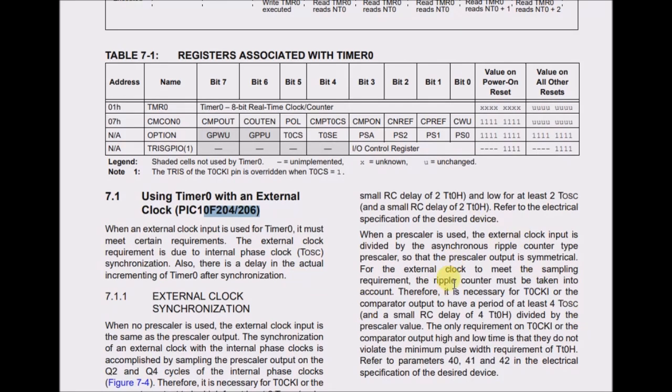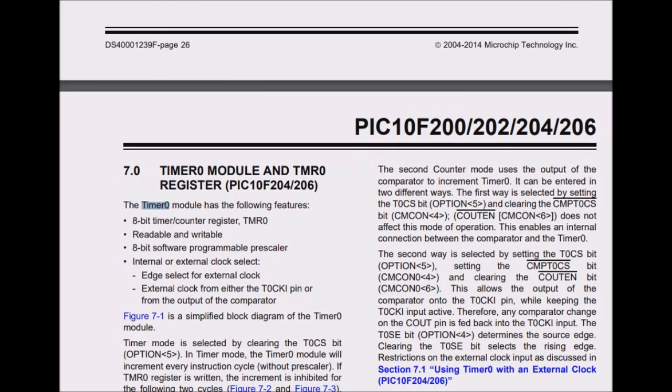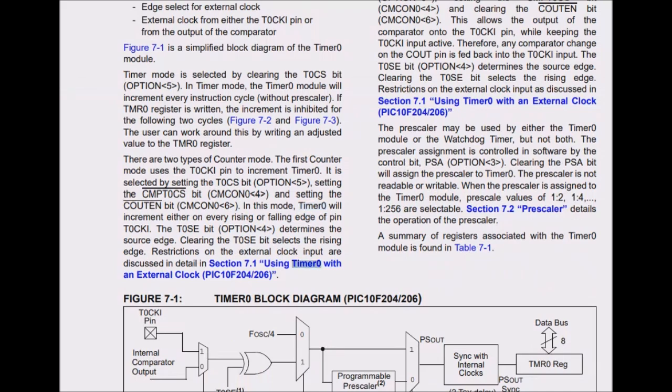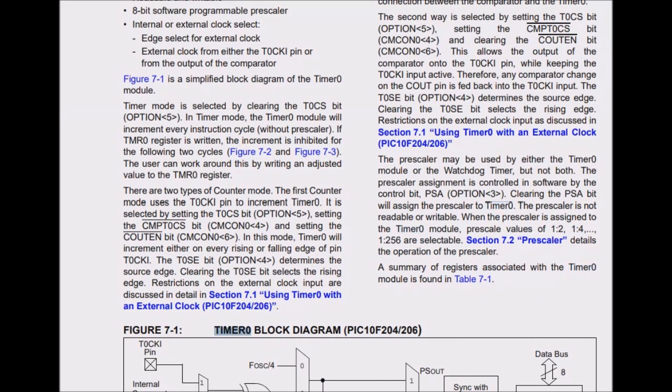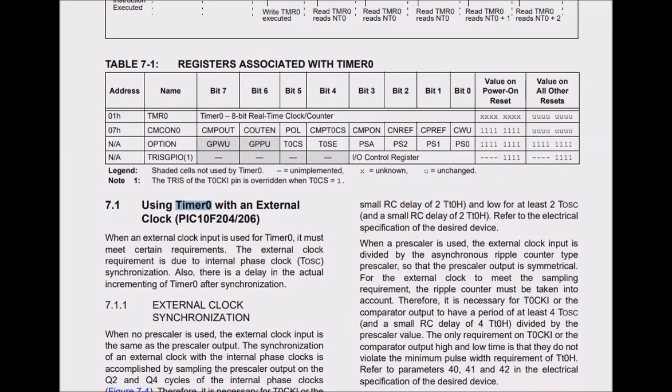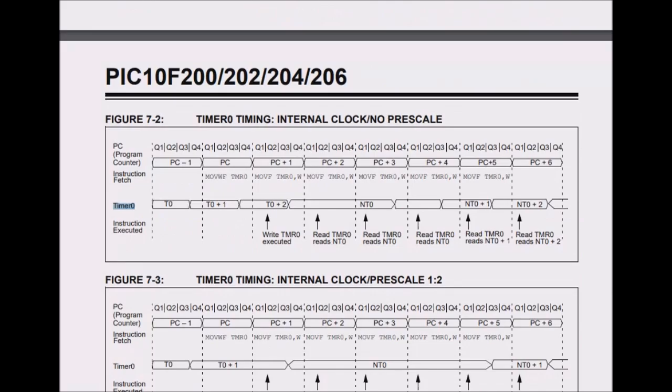I might have accidentally read some of this stuff already, inadvertently. So let's scroll down through all the instances of Timer0, even while I'm recording. I'm going to skip past this stuff.